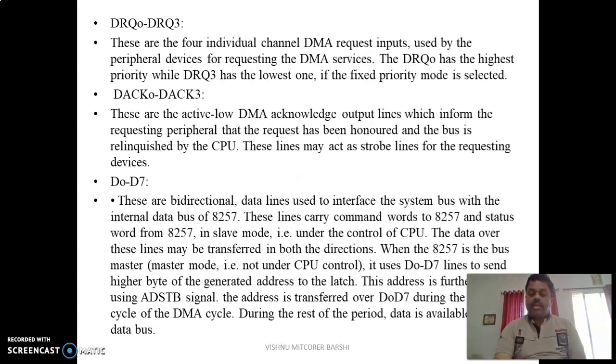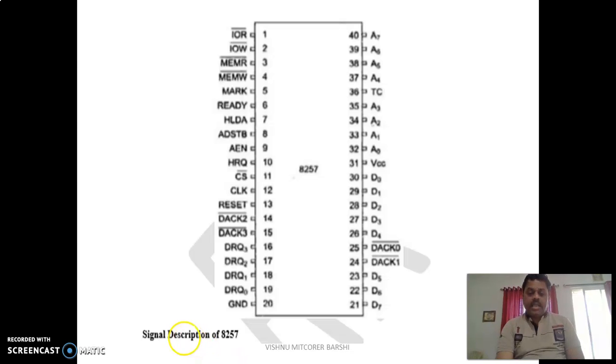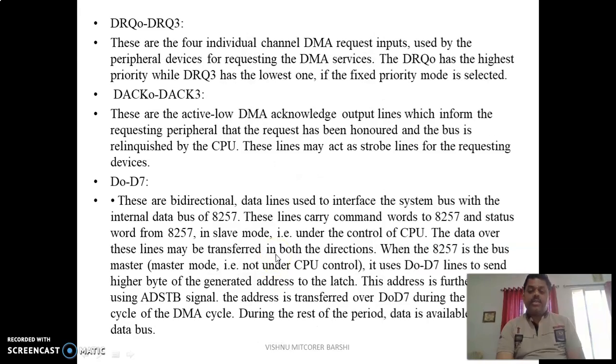DRQ0 to DRQ3, at pin numbers 16, 17, 18 and 19, are 4 individual channel DMA request inputs used by the peripheral devices for requesting DMA services. DRQ0 has the highest priority, whereas DRQ3 has the lowest priority.